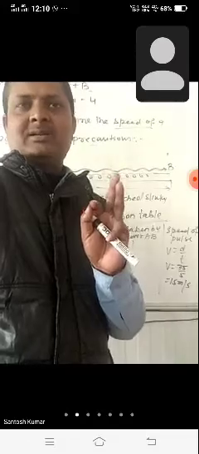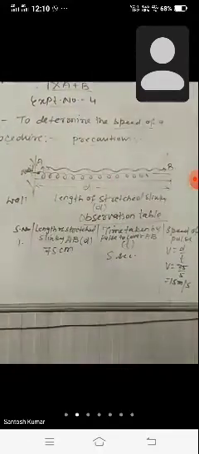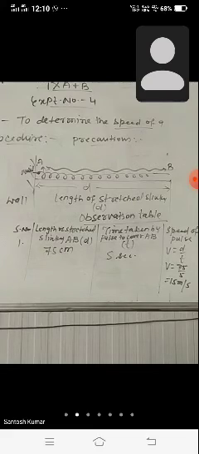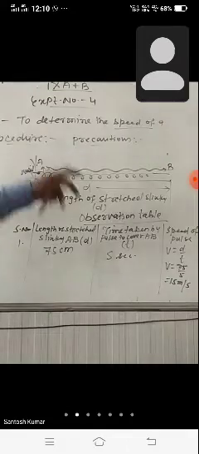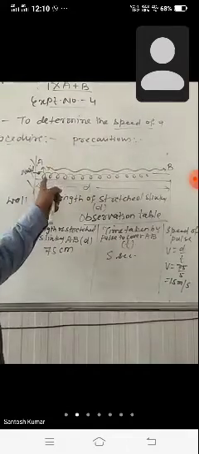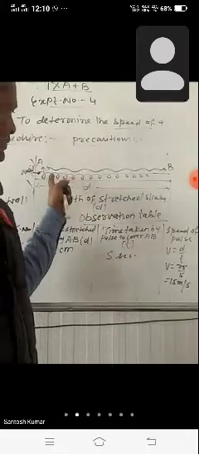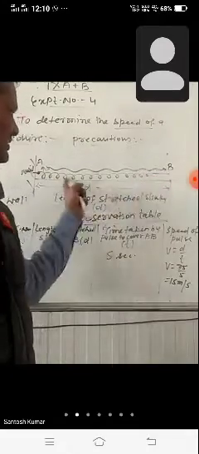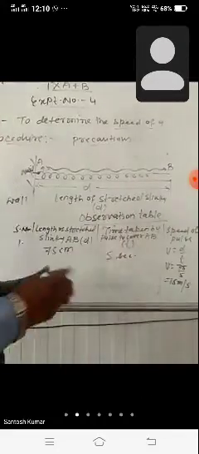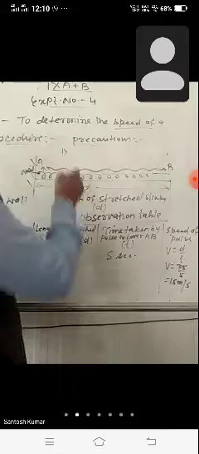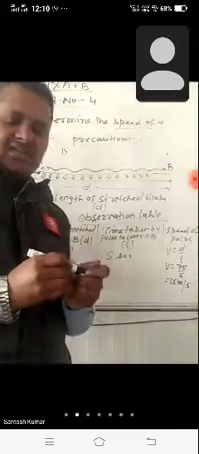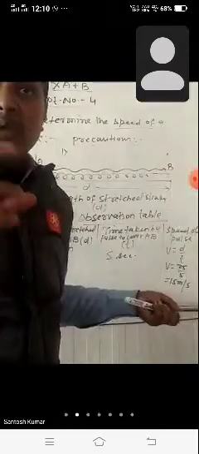I will collect them. Okay. What precautions should be taken while performing such an experiment? You need to know what the precaution should be. First of all, we are unable to get the time if the length is not suitable. So the first precaution should be that the stretched length should be suitable.